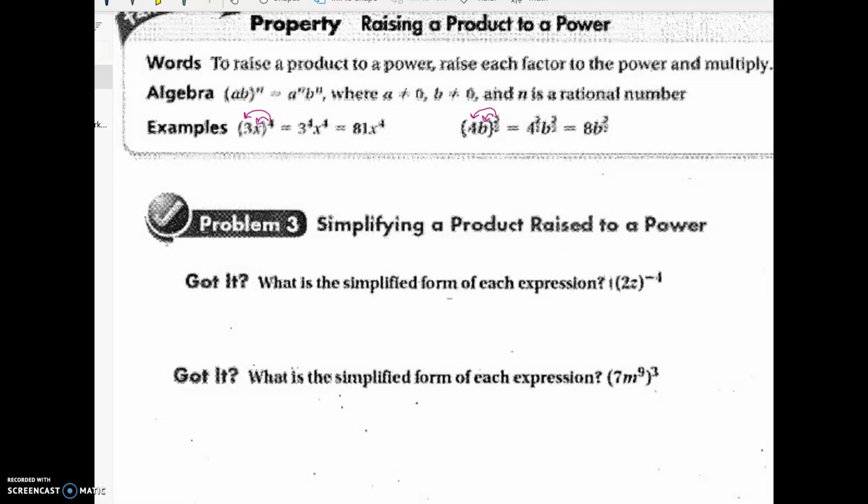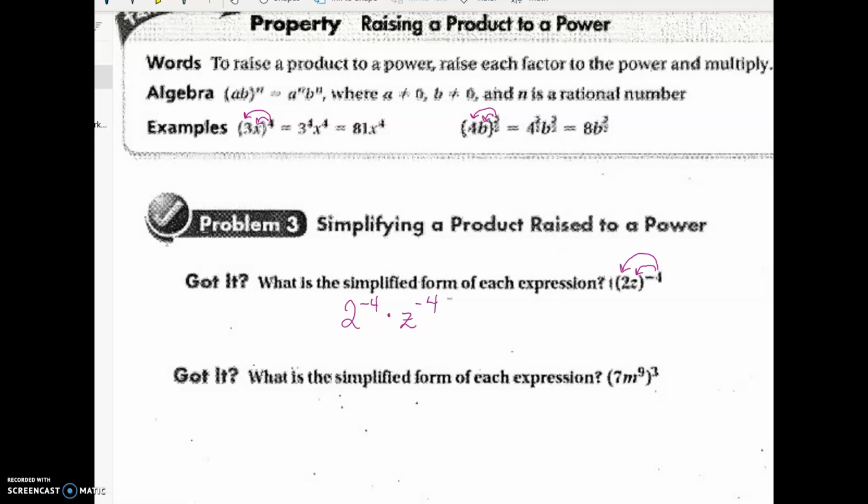In the first example, again, not a great copy, but it says 2z and it's raised to the negative 4th power. So that means I'm going to distribute that negative 4 to the 2, and then I'm going to distribute it to the z also. So we would end up with 2 to the negative 4th power times z to the negative 4th power also.